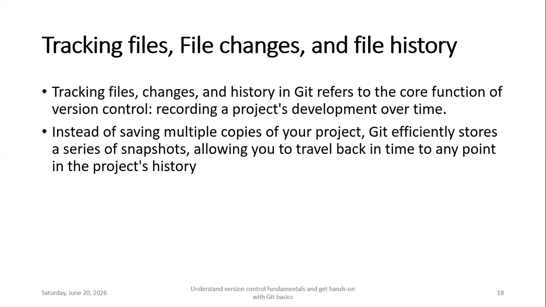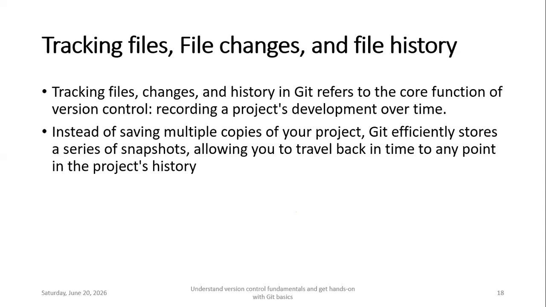So instead of saving multiple copies as you do traditionally, where you say file number one, and then you make changes. You don't want to lose the older file, so you say this is file number two. You copy the content from here, you put it in this file, and after that you make your changes, but you are sure that if anything happens in this new file, you will be able to go back to the old file.